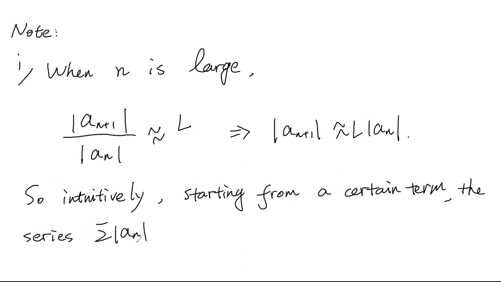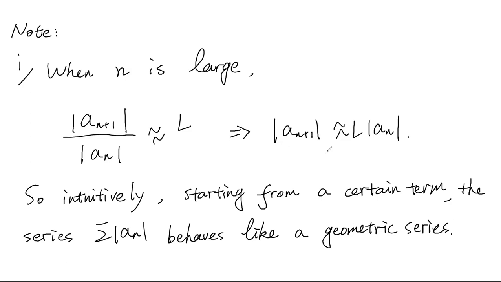The absolute value of a_n behaves like a geometric series, because the ratio between two adjacent terms is approximately a constant. So the series somehow looks like a geometric series when n is sufficiently large.